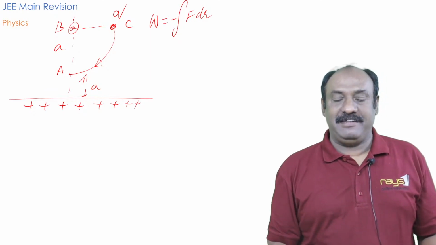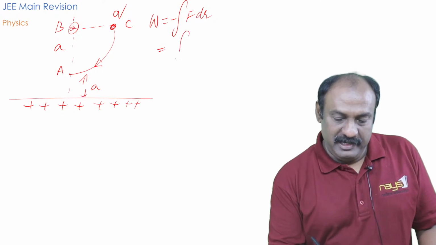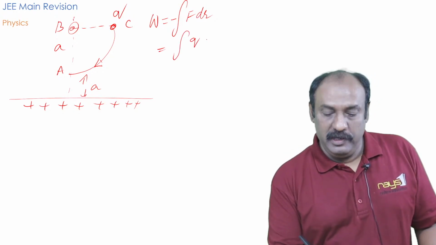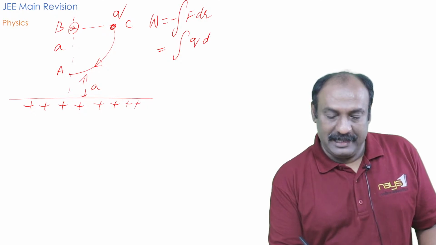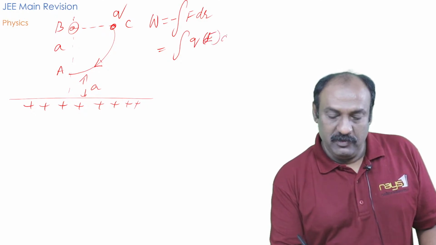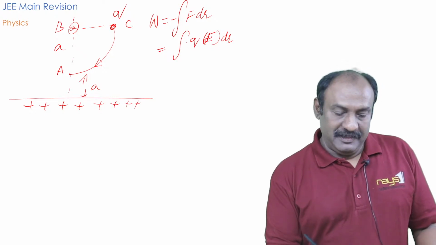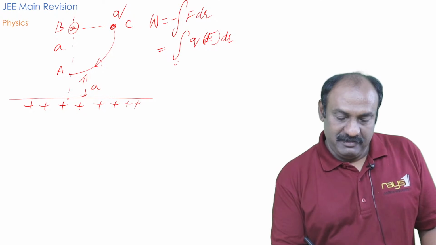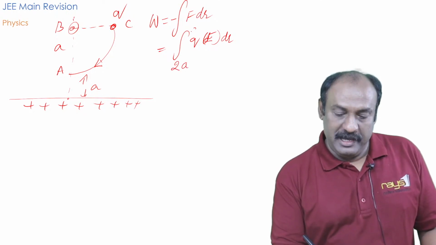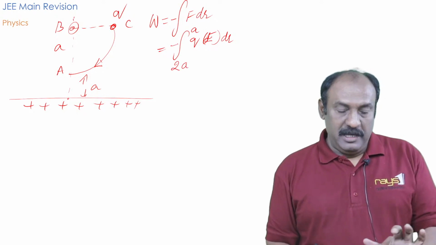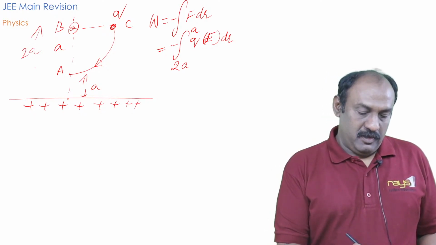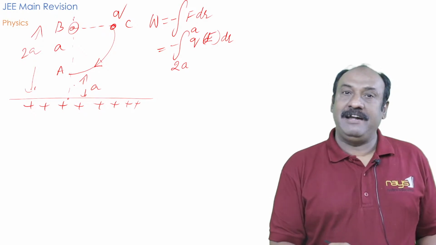That work has to be done against the electric field force. Therefore, minus integral of F dr. What is F here? Q into E, the electric field intensity, into dr, within the limits B to A. The initial limit is 2a and the final is a. B to A means with respect to this line of charge, it is at a distance 2a. When it is taken from B to A, the final distance is a.